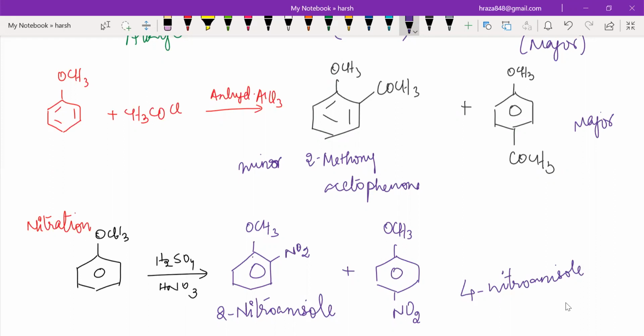This is our major product, and this is the minor product. There will be steric hindrance, that's why it is less stable, minor.